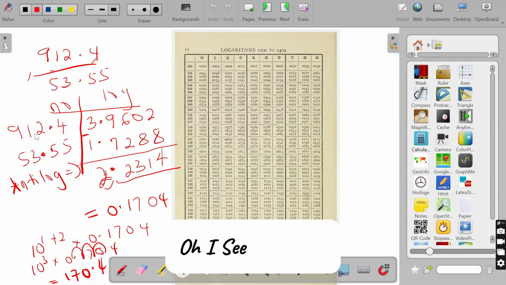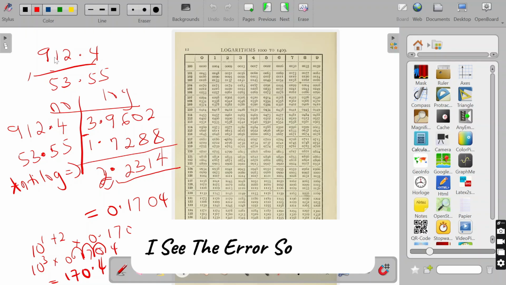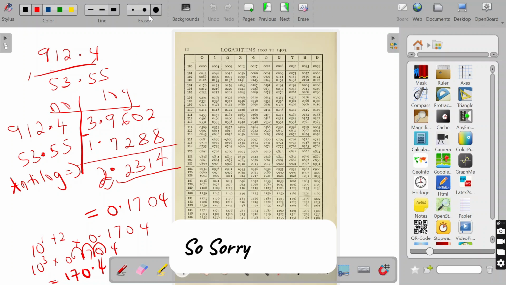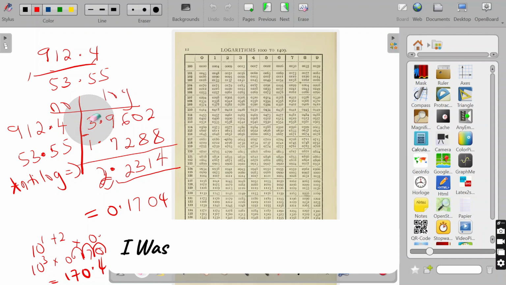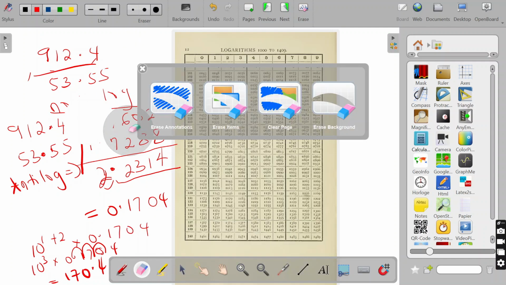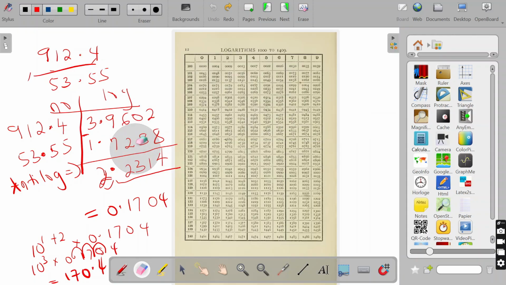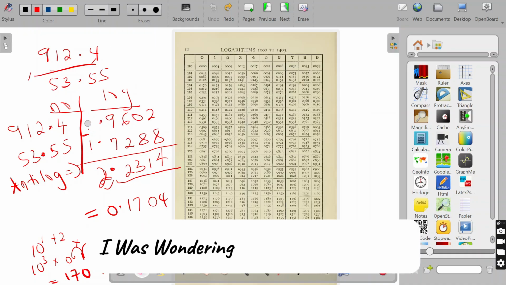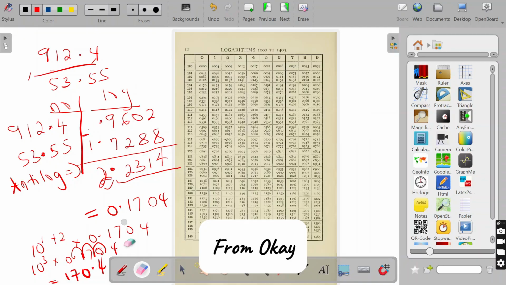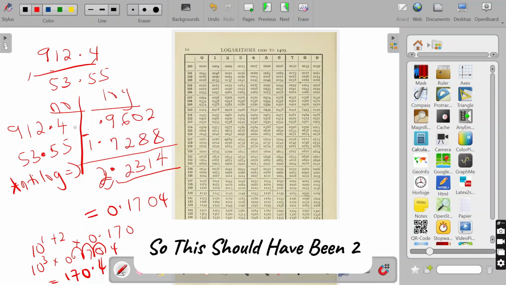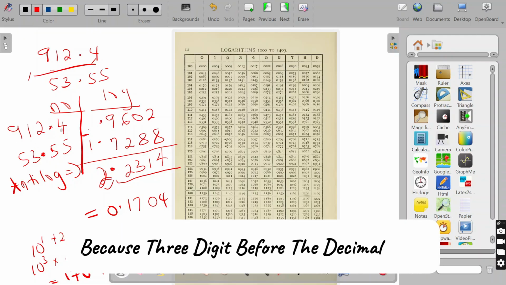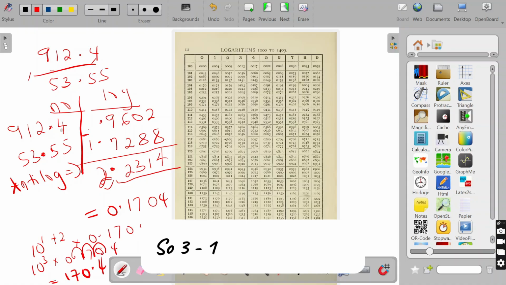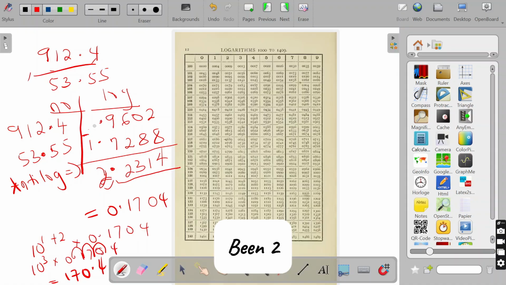I see the error. So we have 912.4. This is meant to be 2. Sorry for that. I was wondering where I made a mistake. This should have been 2, because there are 3 digits before the decimal point, so 3 minus 1 should have been 2.